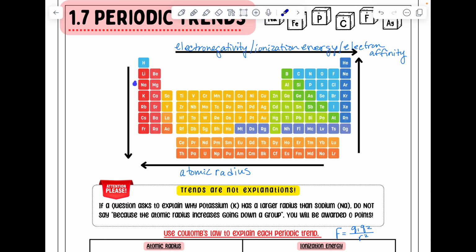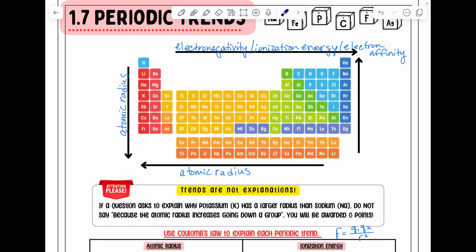And since it's radius squared, that value is actually going to be a little bit larger, okay? Because it actually is a squared value in the Coulomb's law equation. So atomic radius will increase as you go down and as you go to the left because you have fewer protons.